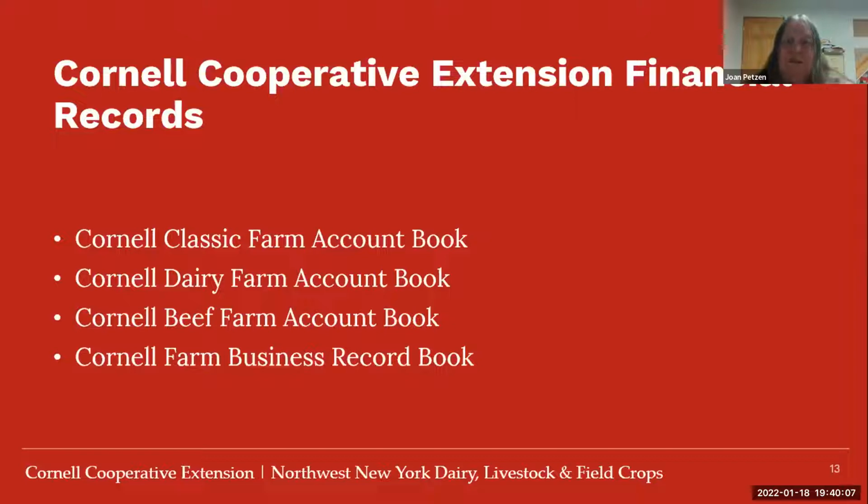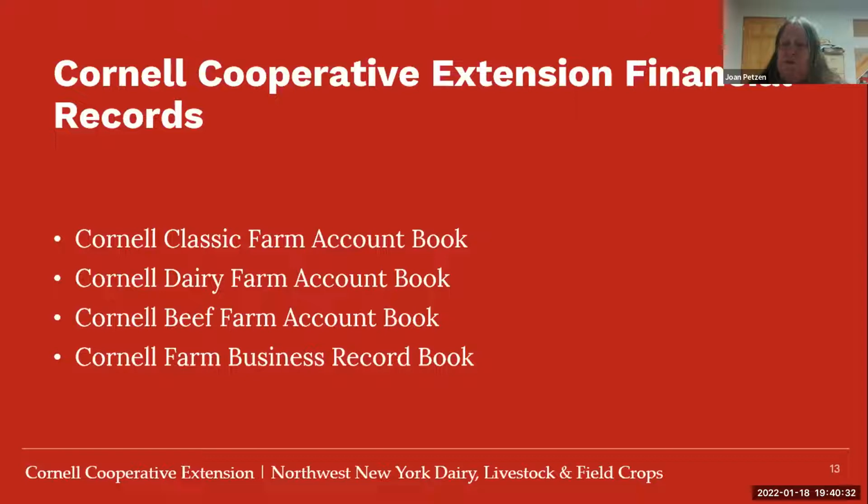Cornell Cooperative Extension does offer some handy tools. We have 3 different ledger books: a classic farm account book, a dairy farm account book, and a beef farm account book that you can probably reach out to your local cooperative extension office in your county and get a hold of. Another tool is called the Cornell Farm Business Record.